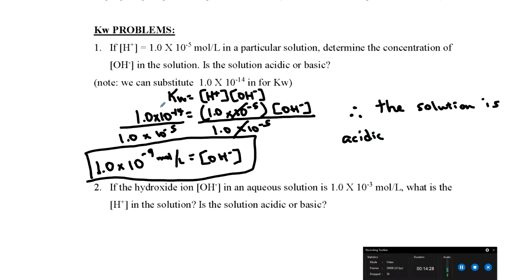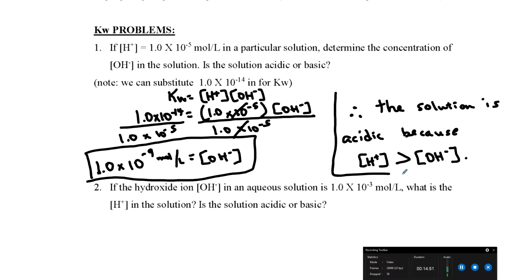And the reason it's acidic is because we have a higher concentration of H plus and a lower concentration of OH minus. So I'll say because H plus concentration is greater than the OH negative concentration. So that's also an important part to our answer.